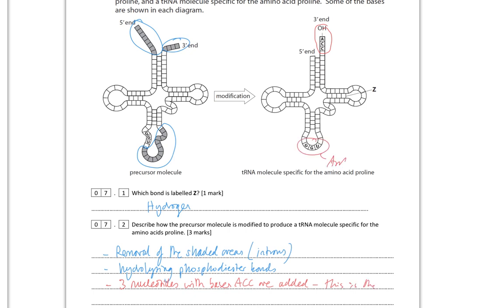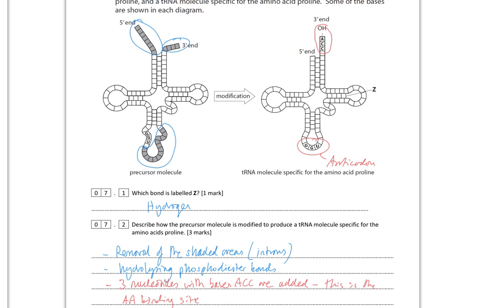That's right, anticodon. This is the amino acid binding site. What else can I say? Yeah, my anticodon. So the GGU has moved to the anticodon position. So I'm going to put that as well. GGU has moved to the end to act as an anticodon.